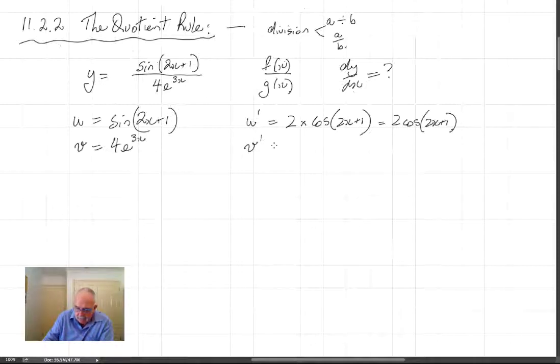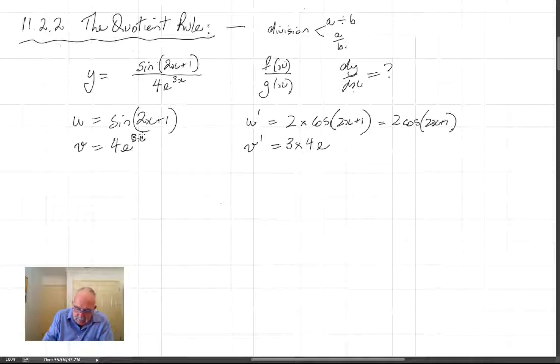We want to find v dash, or dv dx. And once again, we've got chain rule. It's not just e to the x, it's e to the 3x. So the derivative of 3x is 3, and that goes out the front, so 3 times 4e.